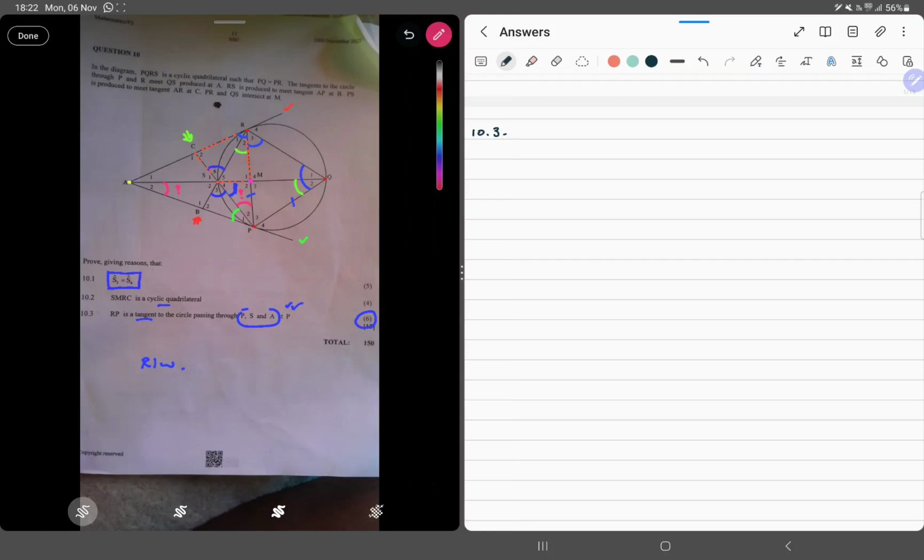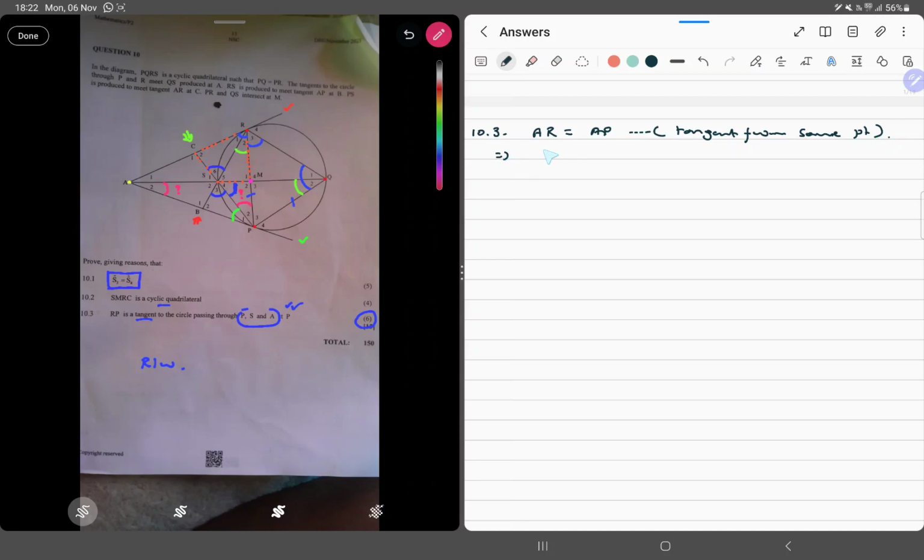We can say now AR is equal to AP. Why are those two equal? Because these are the tangents from the same point. Okay, great. Now, what do we see?